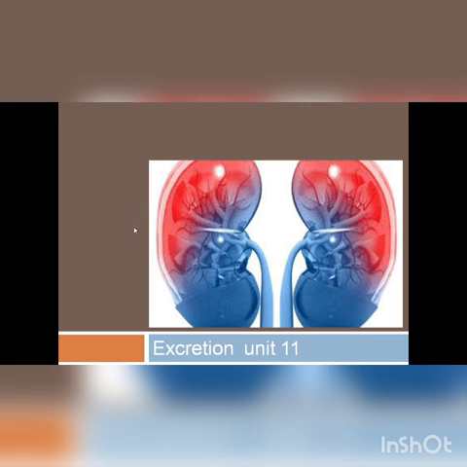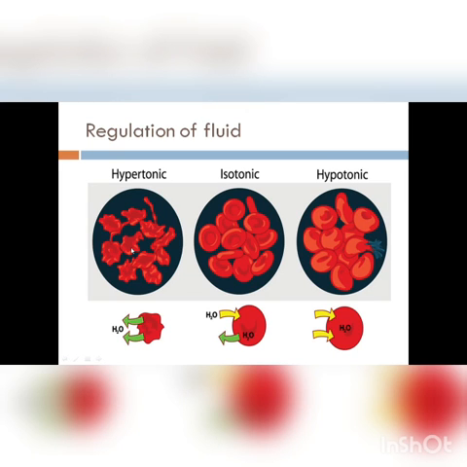Before I start the lecture, I show you a slide related to your previous knowledge. Look at three types of fluid that are present within any living organism: hypertonic solution, isotonic solution, and hypotonic solution. With relation to these solutions, cells have different conditions.